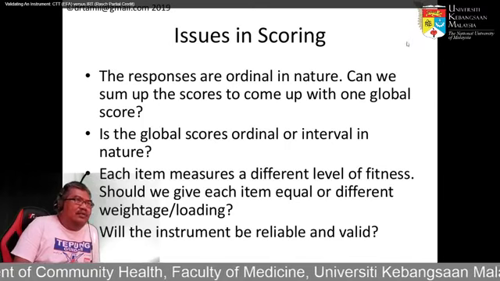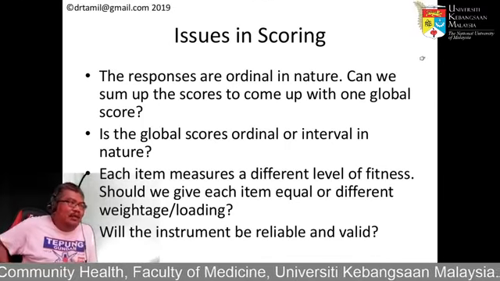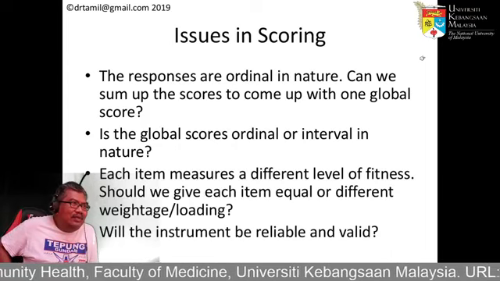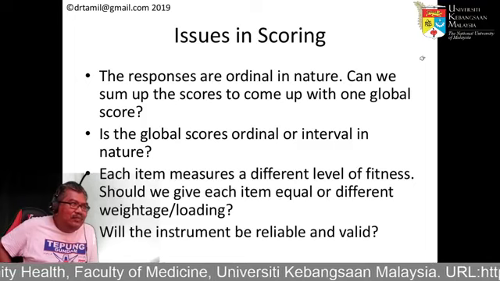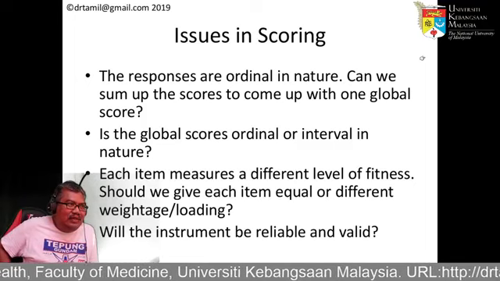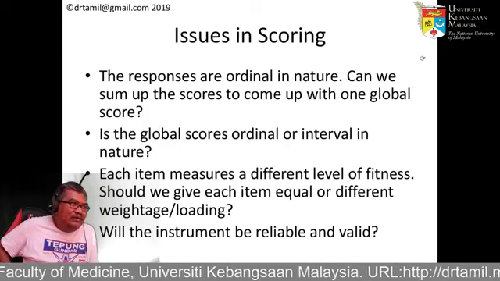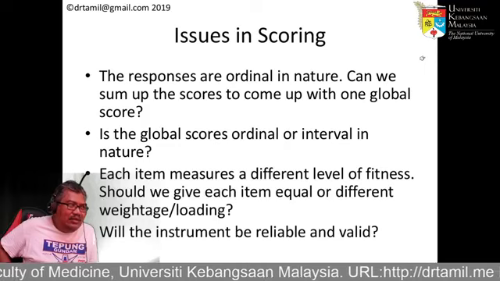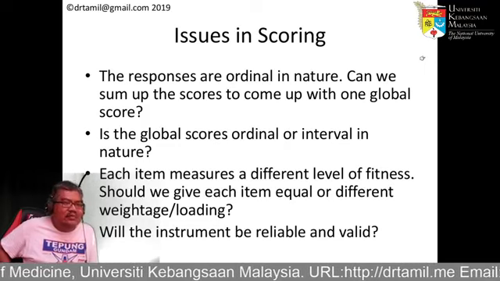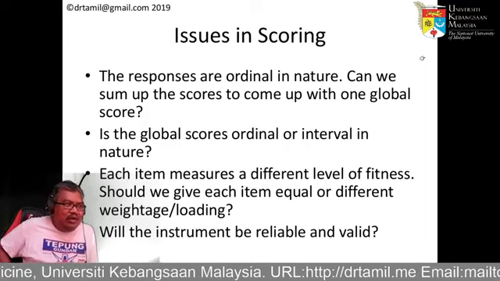Okay. So, but this one is very pertinent. Very pertinent. How can you score them up? How can you sum up all the scores to come up with one global score? Because you have to understand, when you ask the question, each one of the responses is ordinal in nature, because they are strongly disagree, neutral, agree, strongly agree.